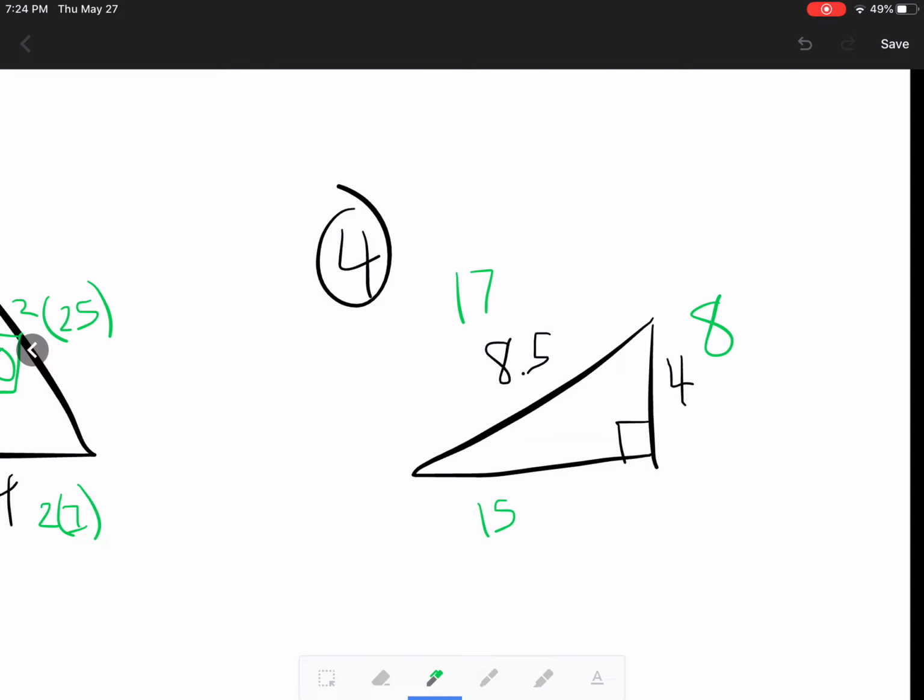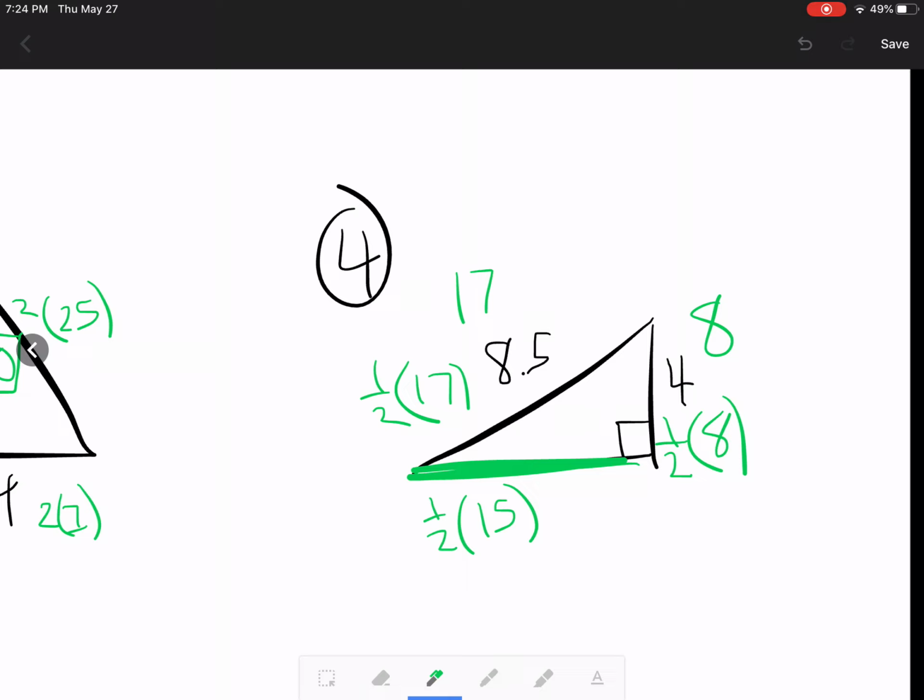But what we've done is that this 4 is 8 times 1/2. This 8.5 is 17 times 1/2. And so this side right here is going to be 15 times 1/2, which is 7.5. So that will be the side length there.